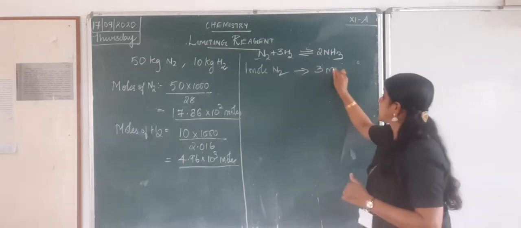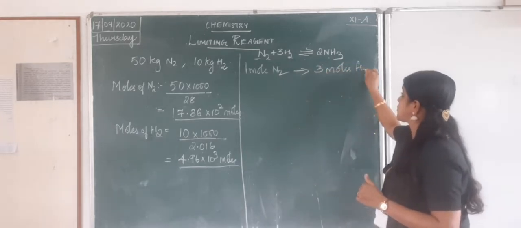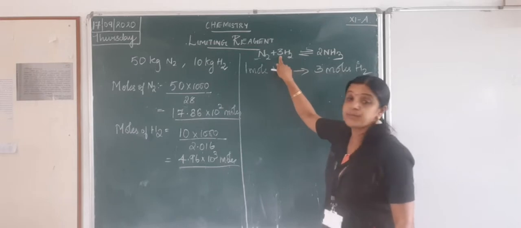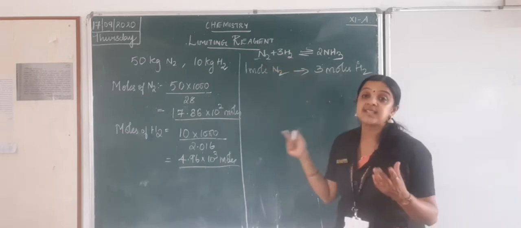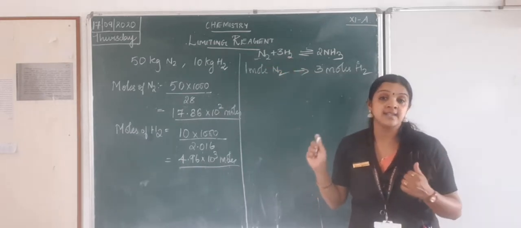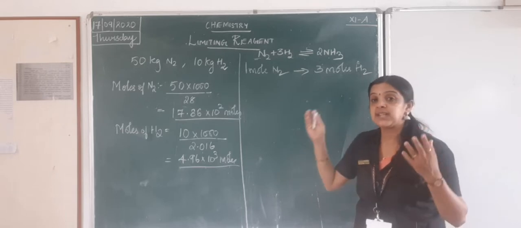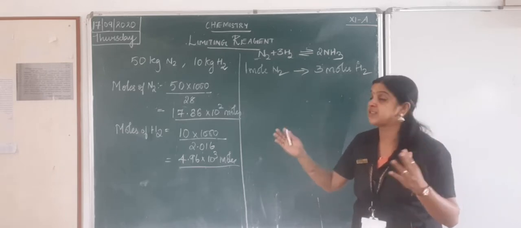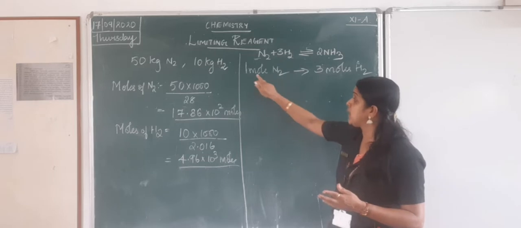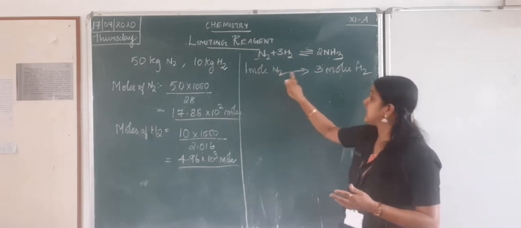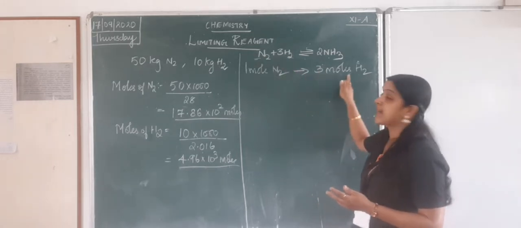It needs 3 moles of hydrogen. See children, the number which is present before the reactant is the moles. This we have studied in 10th standard. It is the number of moles taking part in the chemical reaction. So 1 mole of nitrogen needs 3 moles of hydrogen.